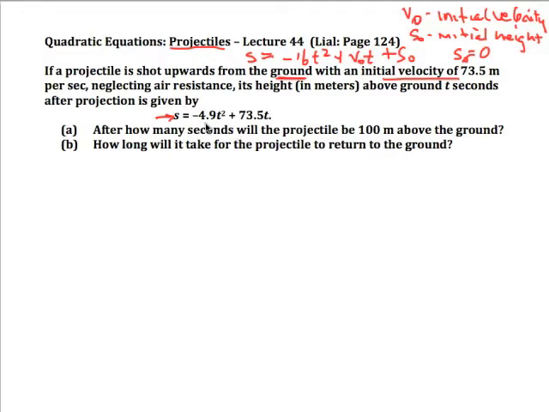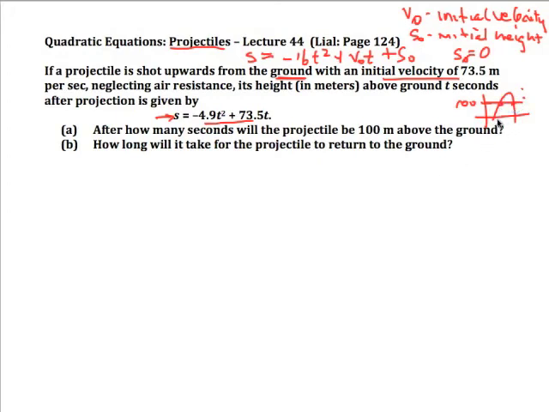Now you'll see that this is a quadratic form, and we know that a quadratic has a graph like this. If I put some axes on here, we're looking at 100 meters, and there will be two spots where that occurs, right here and here.